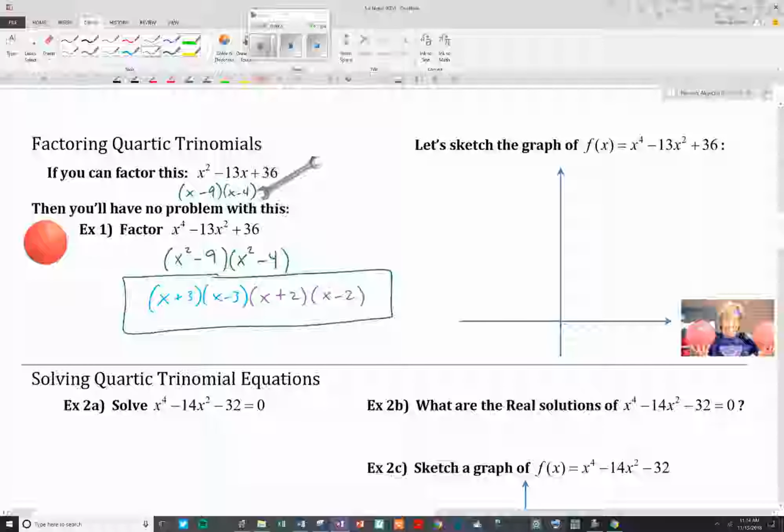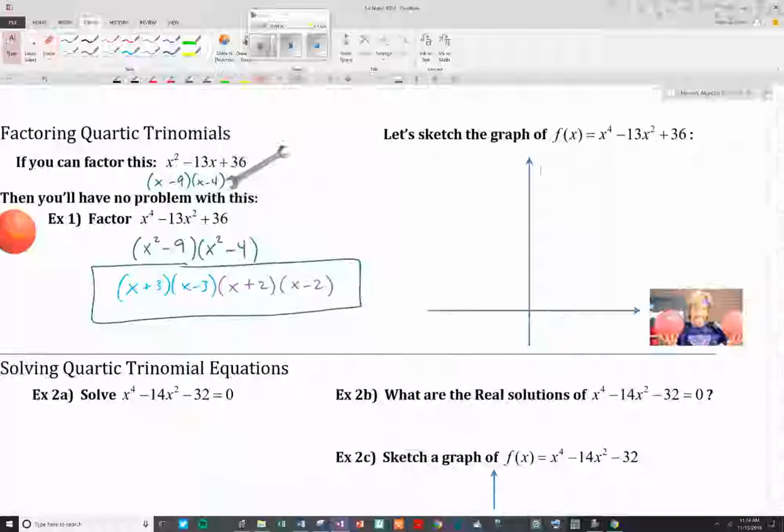We're going to look at, if we turn this into a function, what that graph would look like. Our zeros are going to be the same as our zeros from our factors. Actually, I'm going to write this up here because this is talking about this function. This function has zeros of negative 3, negative 2, 2, and then 3. I just put them in order there. You could go plus minus 2, plus minus 3 if you're listing it out.